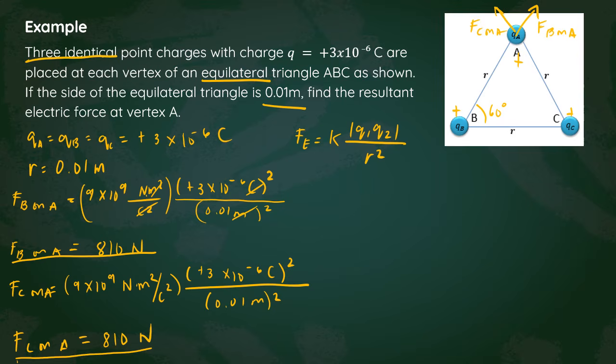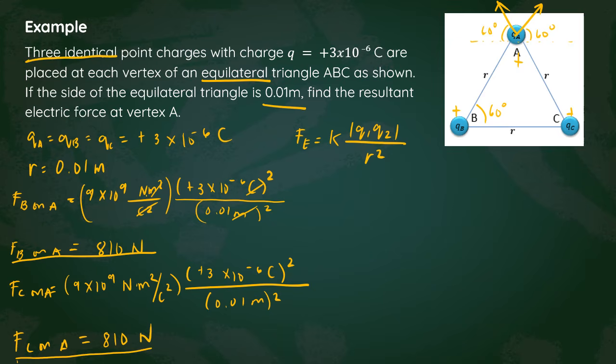So again, F C on A is directed upward to the left at an angle of 60 degrees with the negative axis. As shown here, if we draw it, so this will be the force experienced by particle A. So this will be 60 degrees, and this is also 60 degrees.